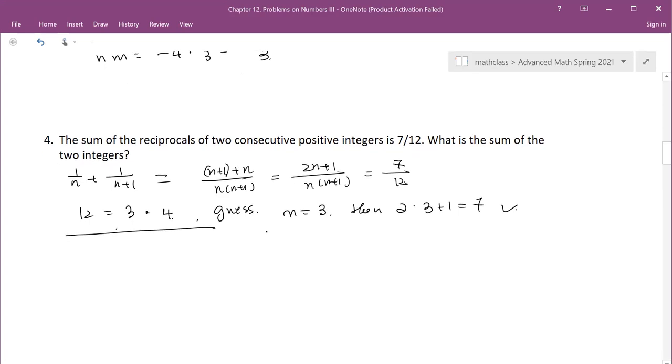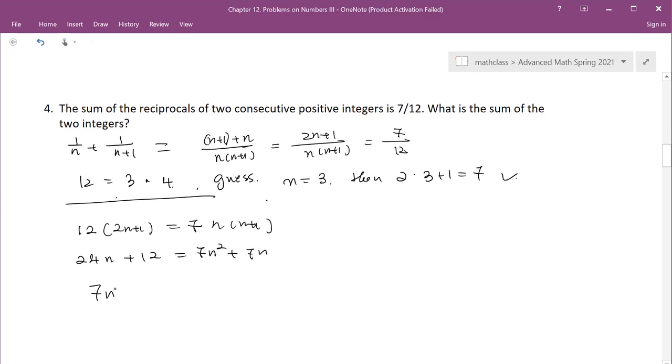Suppose you cannot see this, then how do you do it? Well, you use the cross product: 2n plus 1 over n times n plus 1 equals 7 over 12. This is a very complicated equation. If you multiply this out, you have 24n plus 12 equals 7n squared plus 7n.